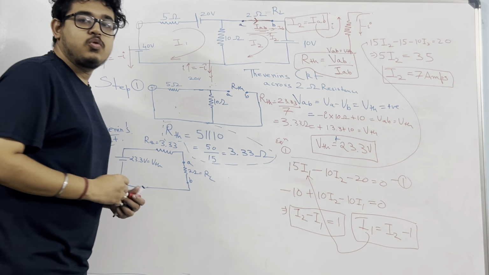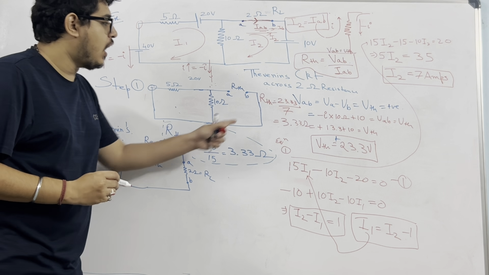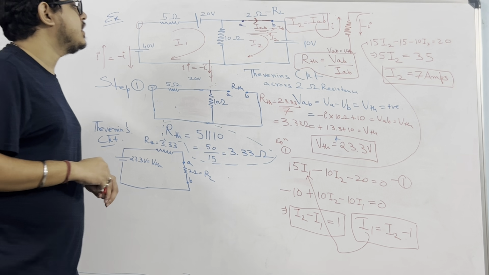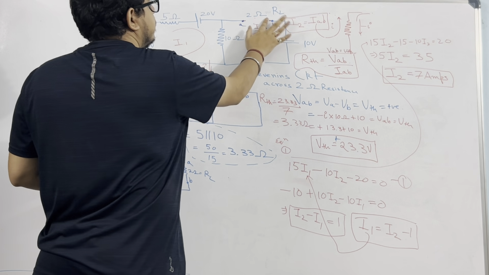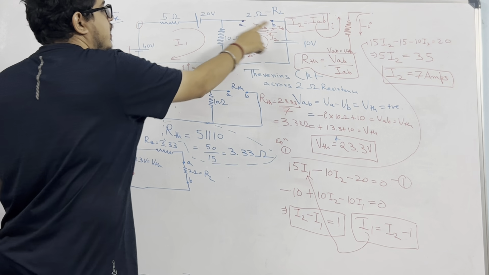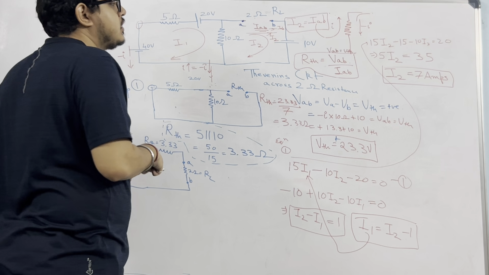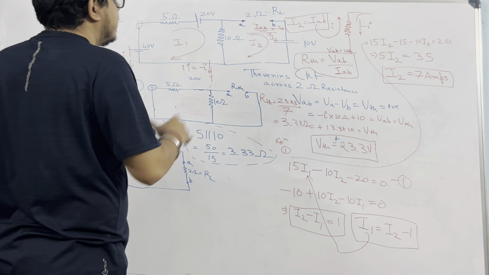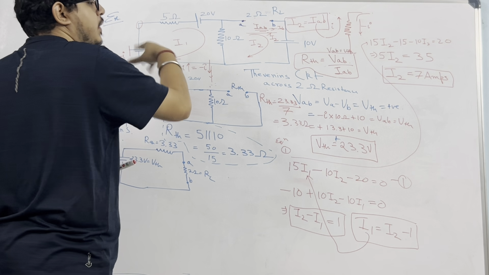So we learned two methods to find RTH. What was the one? The conventional method. What is that? Open circuit the load terminals, short circuit all the voltage sources, open circuit all the current sources, and calculate the net resistance across these 2 points using series, parallel, or whatever method you want.